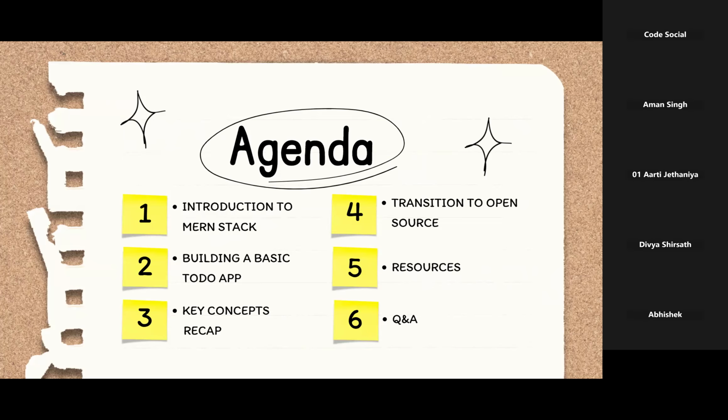We will take an overview of all these technologies. Second, building a basic to-do app. I'm not giving you a very hands-on workshop because of time limitation, but I will walk you through all the APIs, models, schemas, front end, state management, and the live demo of the to-do application.